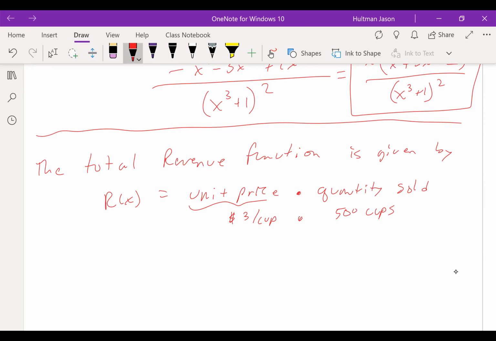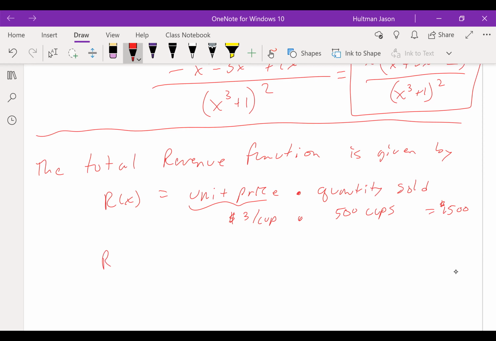That's going to give me my total revenue. So that would give me $1,500. Does that make sense? Unit price times quantity sold gives me total revenue.